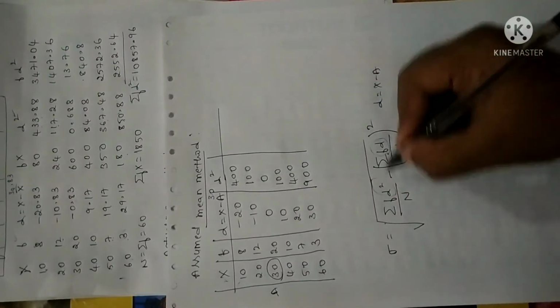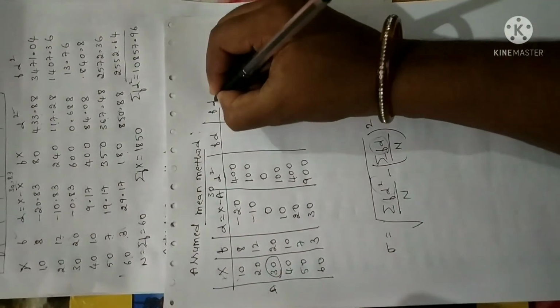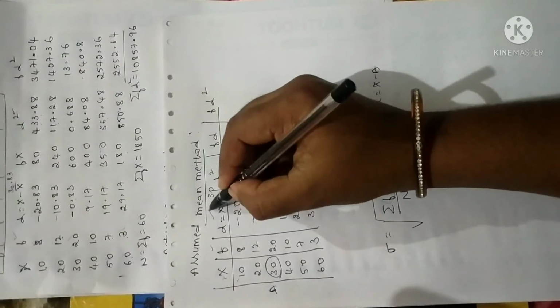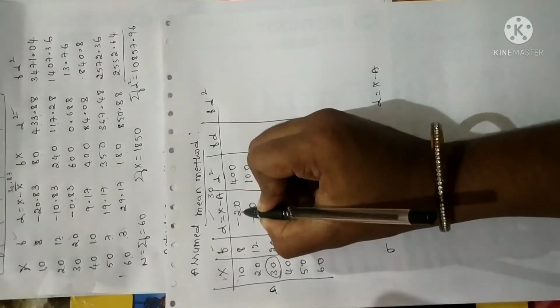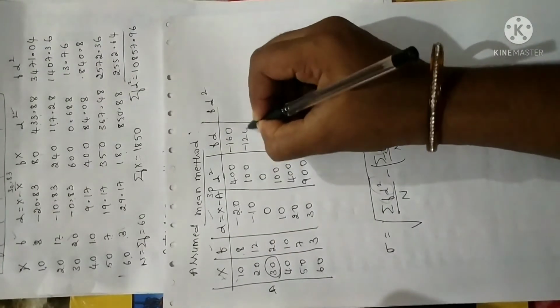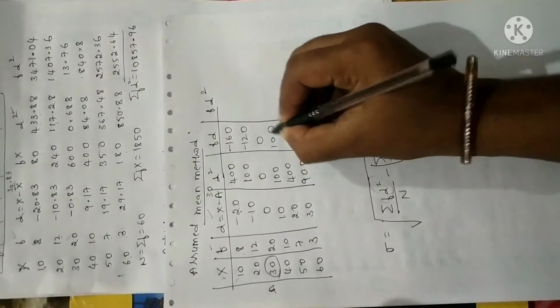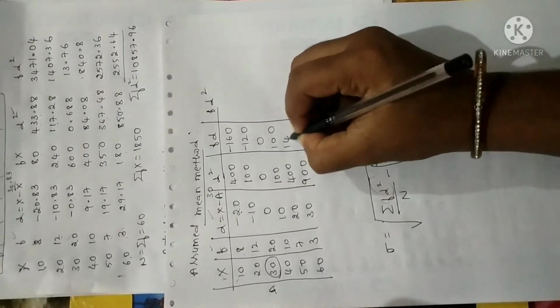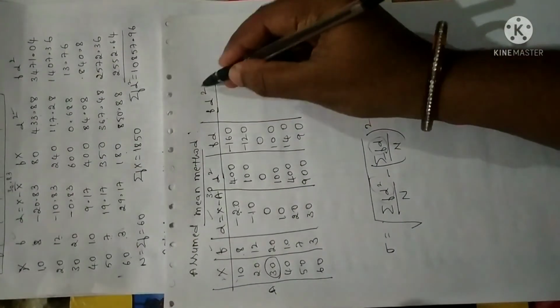Next, FD and FD square I needed. So let me find FD and FD square. Multiply F with D. So I am just doing multiplication. 8 into minus 20 is minus 160, 12 into minus 10 is minus 120, 20 into 0 is 0, 10 tens are 100, 7 into 20 is 140, 30 into 3 is 90. Clear? Just a multiplication.